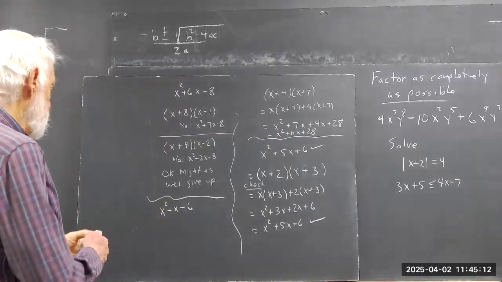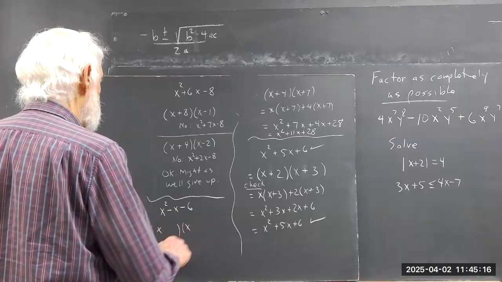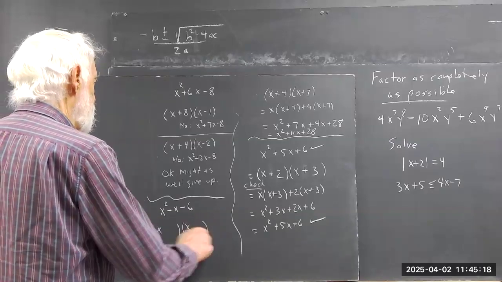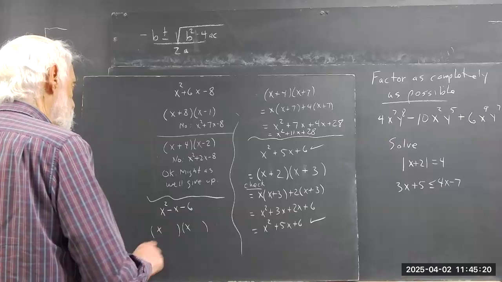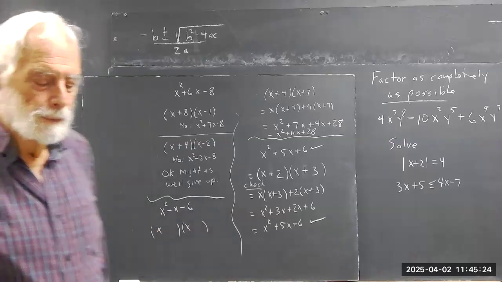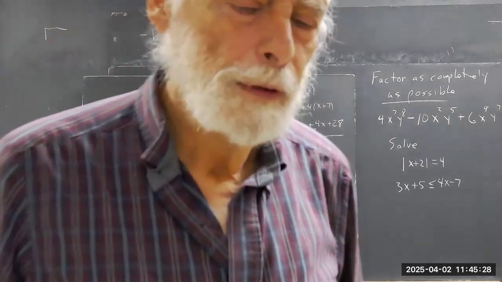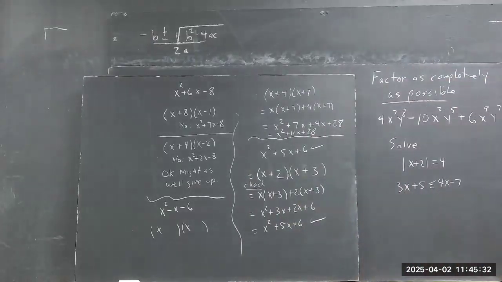So I'm going to put an x here. Then I'm going to fill in the number here and a plus or minus in each case. Matter of fact, what I want you to do is write down every possibility you can think of, whether you think it's a good possibility or not. Every way you can get a -6 over there.